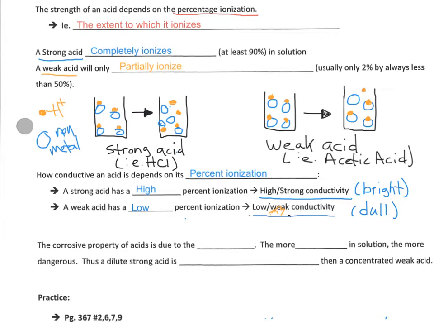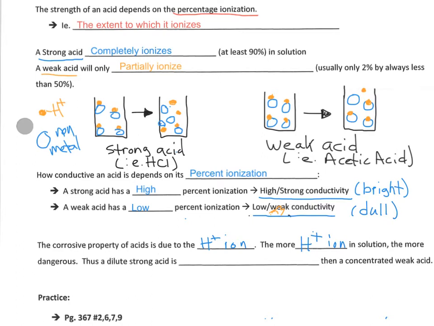The last thing we're going to mention is the corrosive property of acids. What makes an acid really dangerous is due to our hydrogen ion. Basically, the more hydrogen ion is in solution, the more dangerous the acid is.